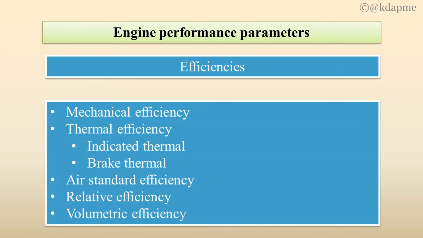The second one is thermal efficiency, which is further categorized into two categories: indicated thermal and brake thermal. The third one, air standard efficiency. Fourth, relative efficiency. And fifth, volumetric efficiency. Let us discuss all these efficiencies one by one.